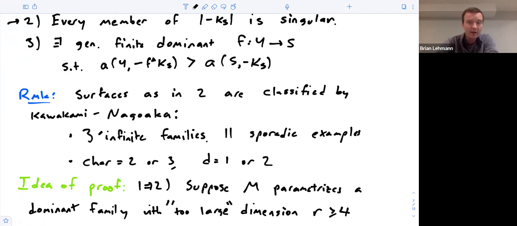It turns out that there are 3 infinite families alongside 11 sporadic examples. So we have a complete list of the surfaces of this type. They only occur in characteristic 2 or 3, and they only occur when the degree is 1 or 2. So these pathologies are special in that they can only occur in a very limited range.